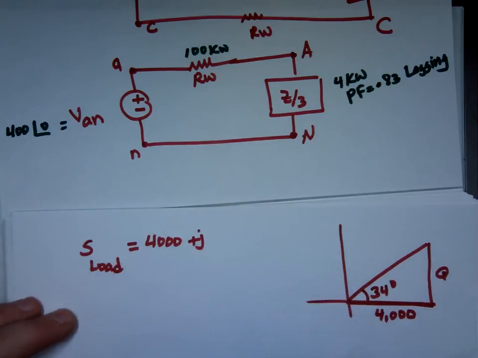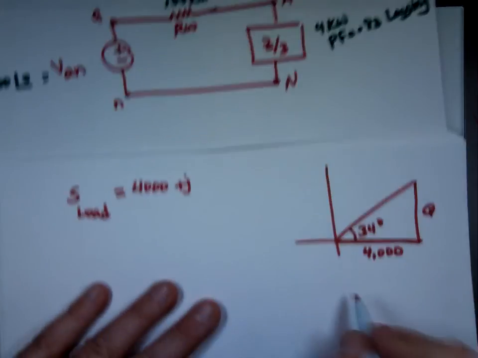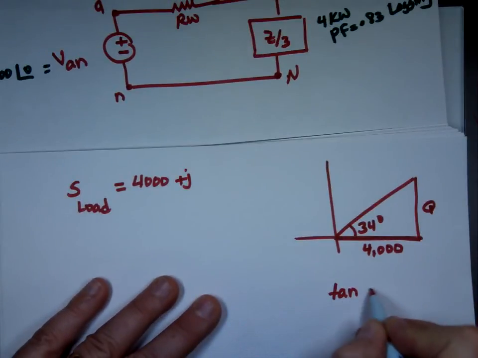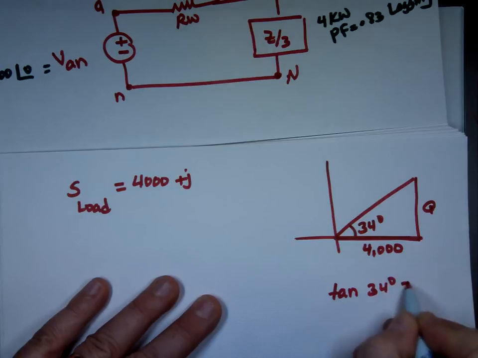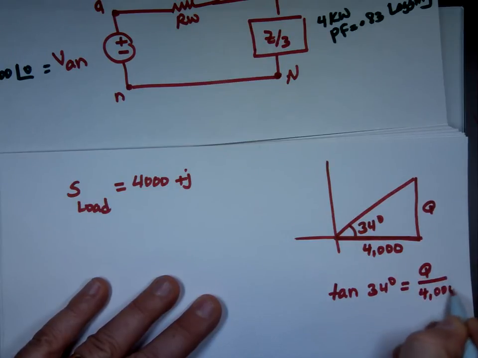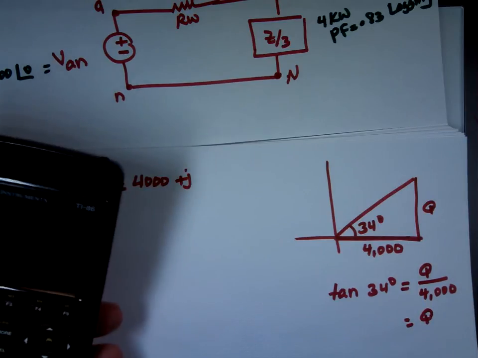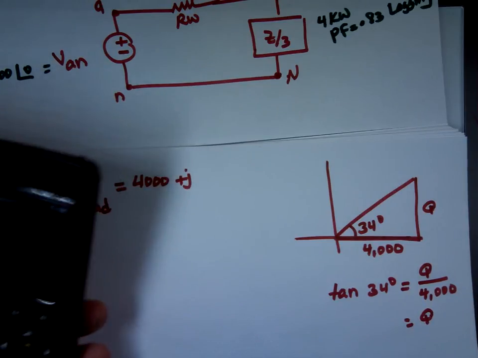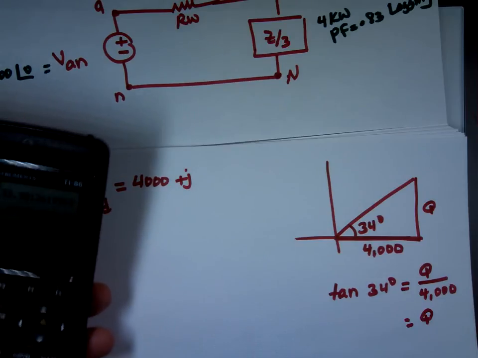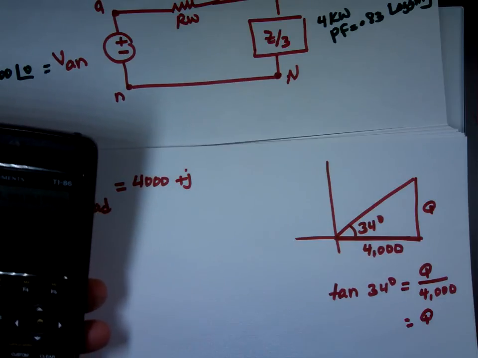Tangent 34 degrees equals the side that's opposite over the adjacent. Q equals, take the tangent of that, multiply it by 4,000. 2688. How about 2700? We'll just make it that.